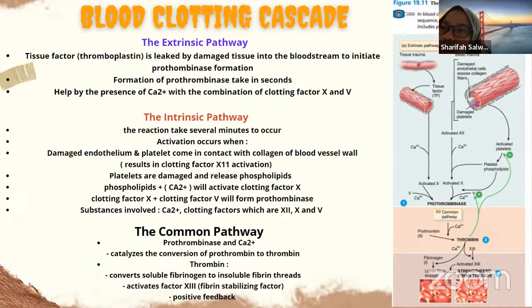Extrinsic pathway. You think it's extrinsic? Why do you think so? Because she is bleeding because of the cut. Because of the cut. Why is it not intrinsic?